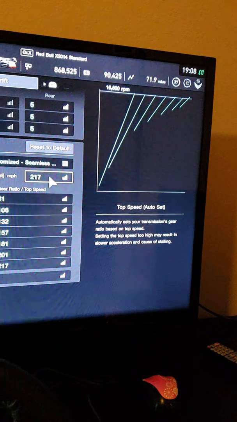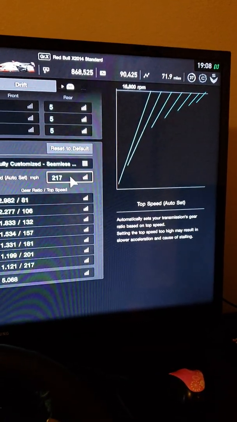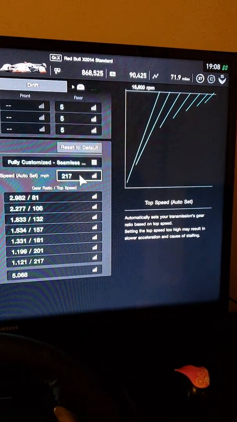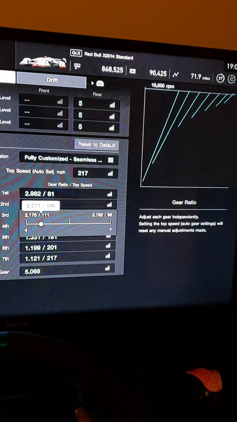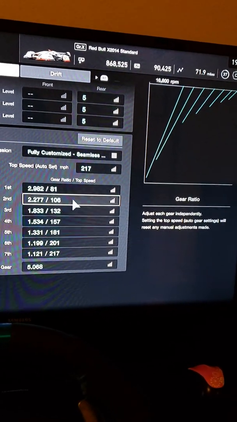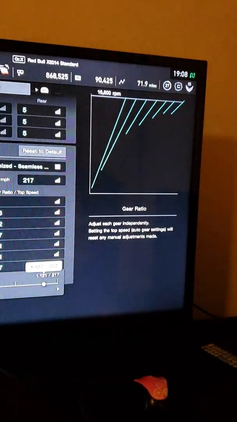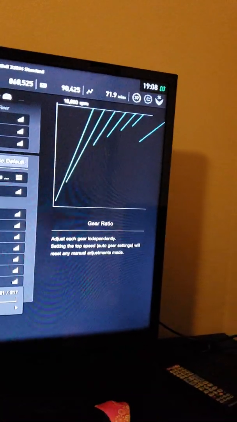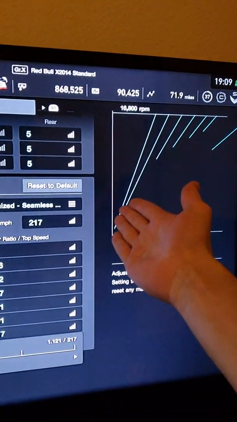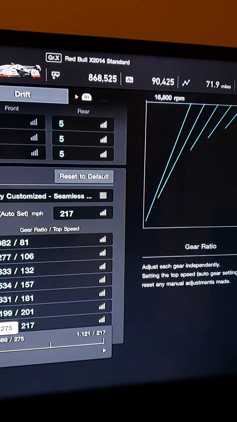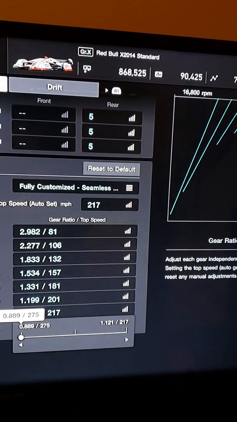The actual shifting times don't change, but the time you save matters. Let me make this absolutely ridiculous. Let me go to seventh gear, and let me make seventh gear all the way to the left. You can see how broken that gear is. So you're going to be really fast with acceleration from first to sixth gear. But the second you go from sixth to seventh gear, it's going to be like woo, woo, woo, woo, woo.